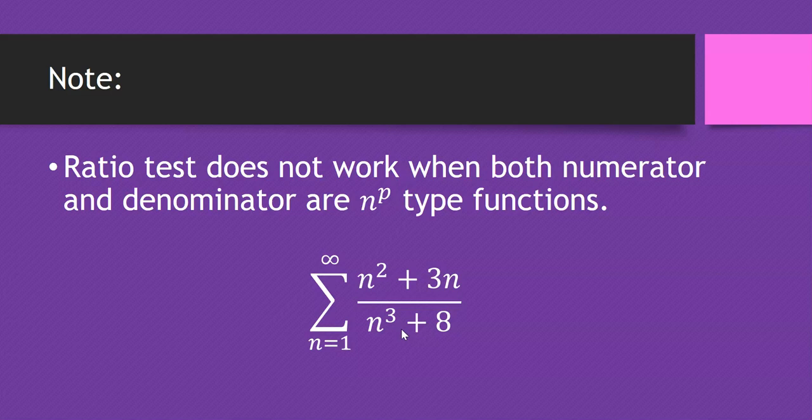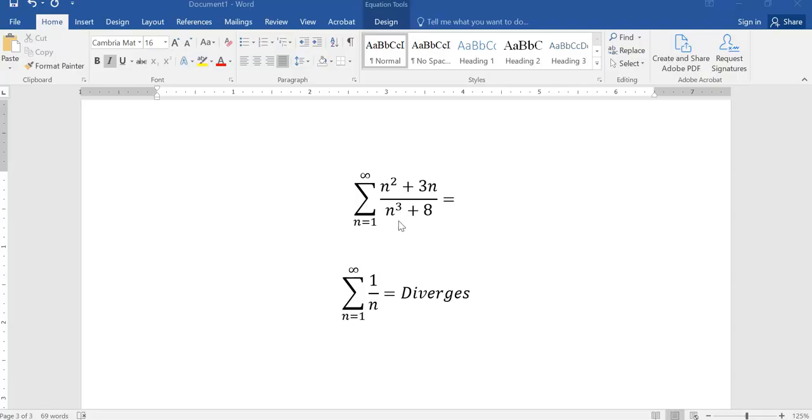Now the good news is we already know the limit comparison test. If you were to do this infinite series, you wouldn't use a ratio test, you'd use a limit comparison. You'd see this n squared over n to the third and say, that's going to behave just like 1 over n. We know the infinite sum of 1 over n diverges because of the p-series test.